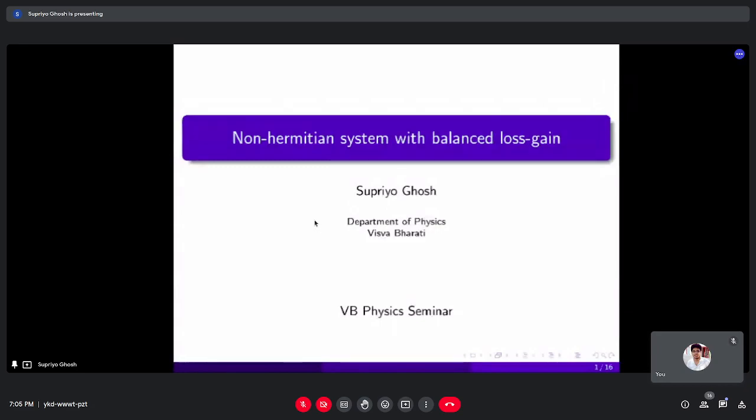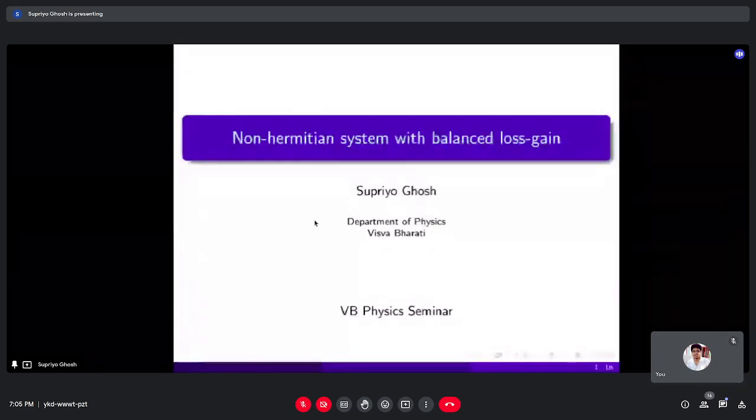My topic is non-Hermitian system with balance loss and gain. So, let's start with some basics of quantum mechanics. In quantum mechanics, we have a state function psi which contains all the information that can be obtained about the quantum system.